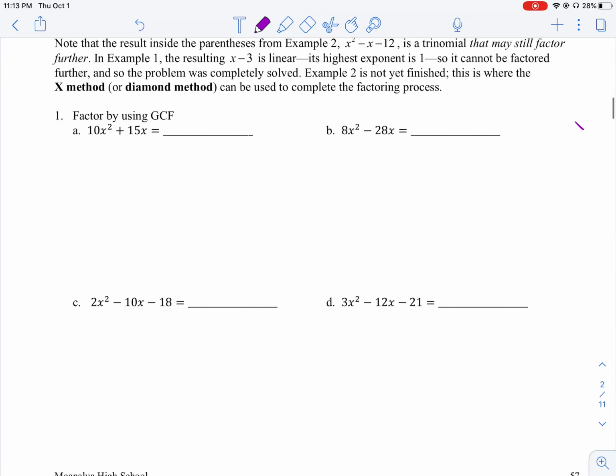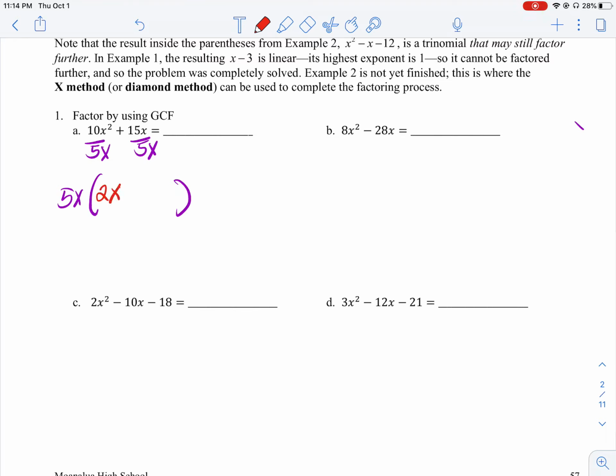We have 10x squared plus 15x. So I think we have 5 in common, and x is also in common. If you notice, we have 5x on the outside. And then we divide each of them by 5x. So 10x squared divided by 5x is 2x.